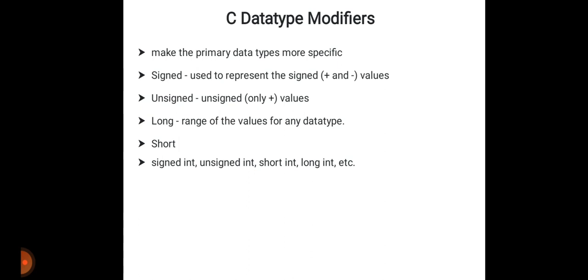Signed means plus and minus, and unsigned means only plus values for the data type. Long and short affect the range of the value for any data type. For example, signed integer, unsigned integer, short integer, long integer, etc. are all valid data types in C language.